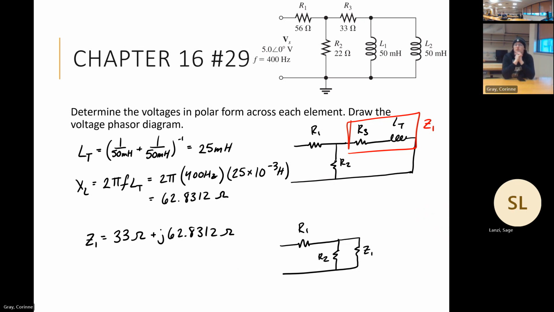You can't, because of the relationships there. So you can't combine them with this one. Yeah, it would be the inverse of.